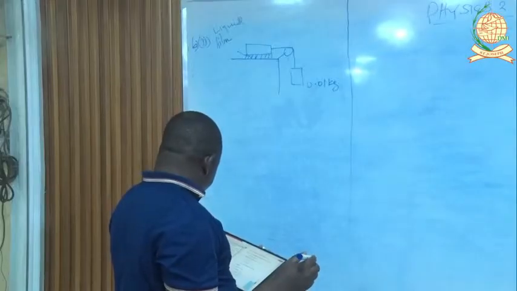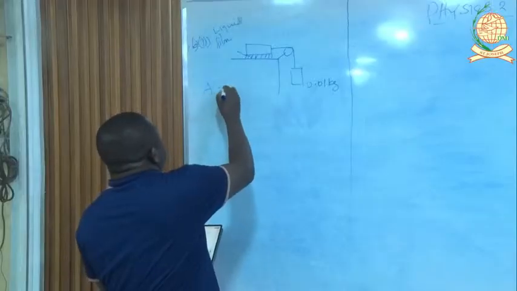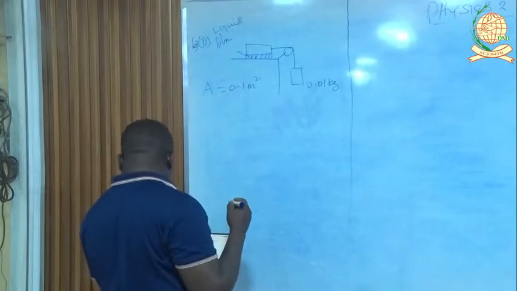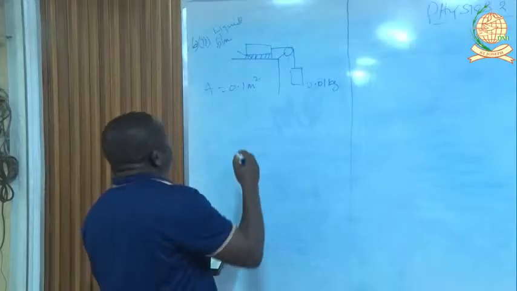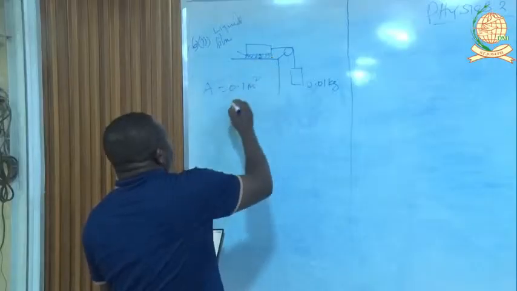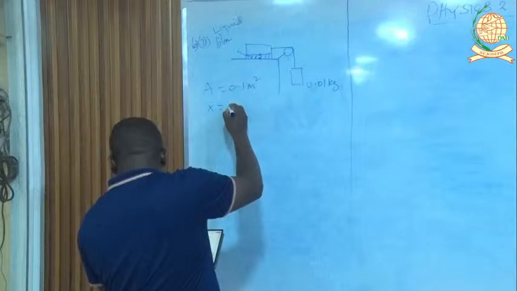The metal plate area, we have been given the area equals 0.1 meter square. The thickness of this fluid, X, equals 0.3 millimeters.